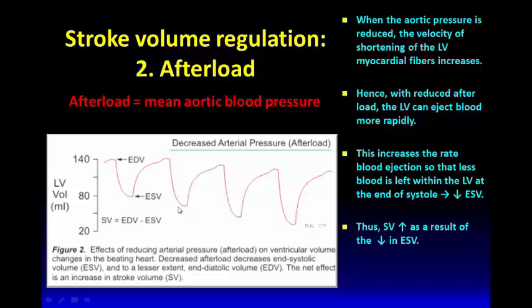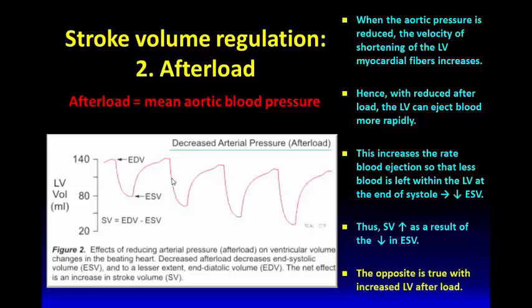Thus, the end systolic volume decreases and the stroke volume increases, because now the velocity of shortening of the myocardial fibers of the left ventricle increases with the reduced left ventricular afterload.